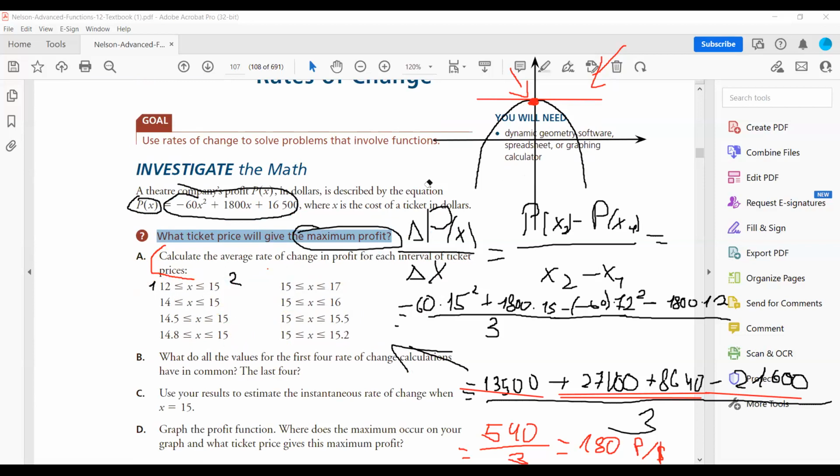So I will evaluate only two more limits as it gets closer to $15 per ticket, 14.8 and 15.2. So I'll replace my 12 with 14.8.